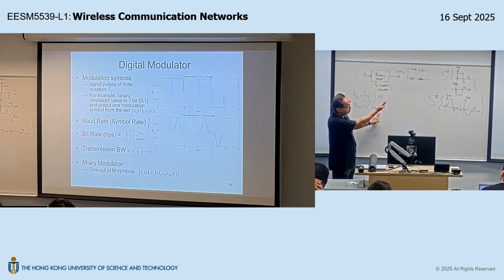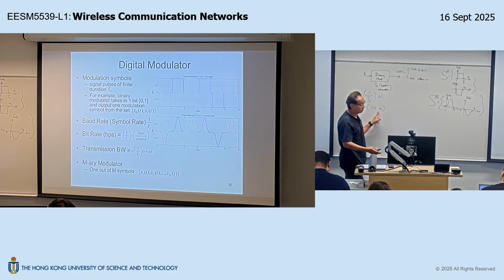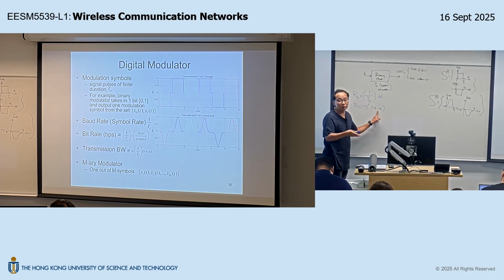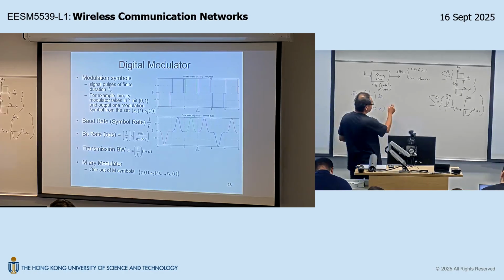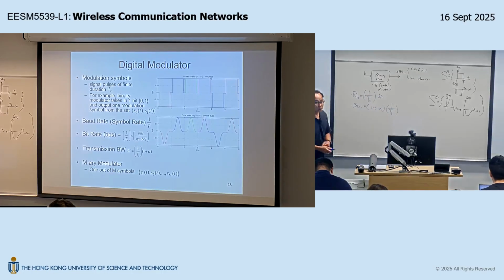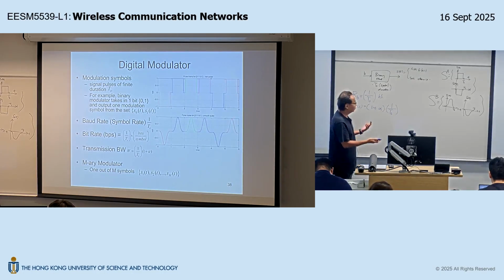Okay? If you have a discontinuous waveform, you're going to have a large alpha. On the other hand, if you have a smooth waveform, your alpha can be as low as 0. Okay? And then the second factor is a trade-off, like this. Okay? So in general, if you really compute the bandwidth, you will find that the bandwidth depends on these two factors.